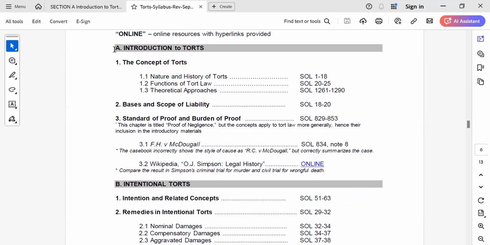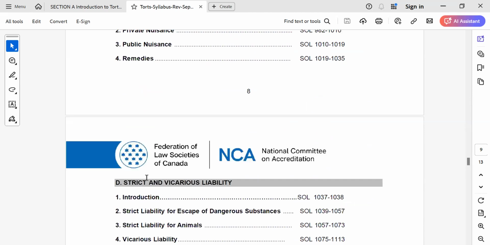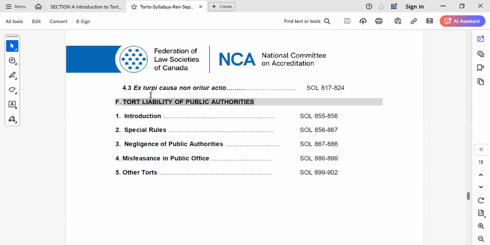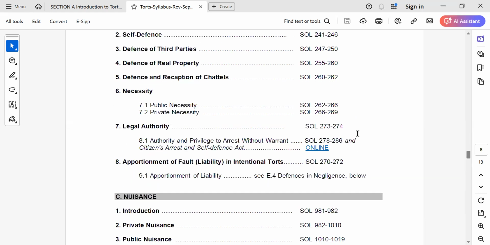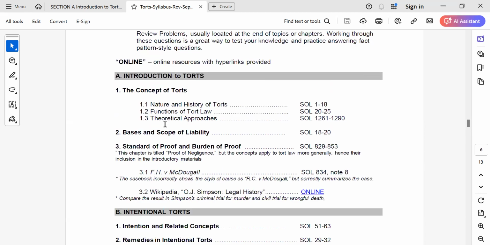Then you can see sections A to F: A, B, C, D, E, and F. Total 6 parts, right? 6 parts में divided हुए हैं syllabus, and in 6 parts, how they have divided the concept. पहला chapter तो it becomes the introduction, and in the introduction again we see 3 chapters.